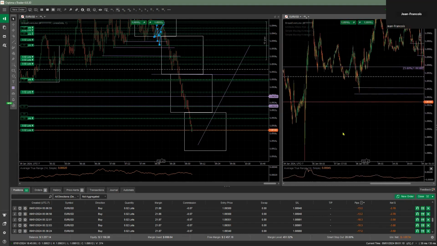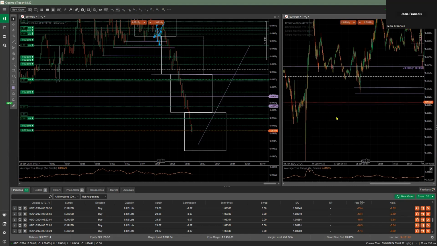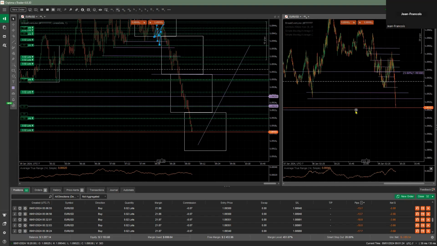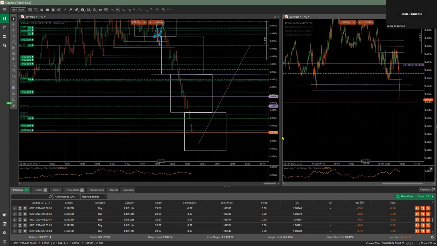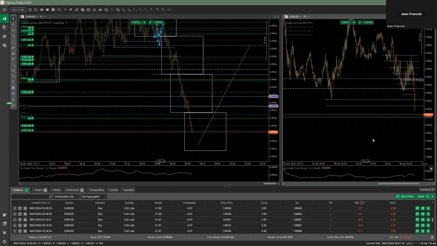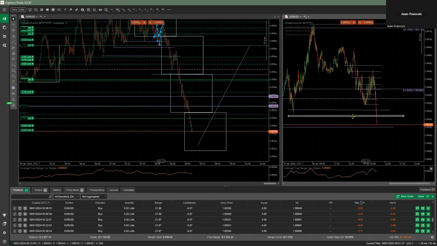Right on the edges of the box would be a really good place to spend a little bit of money.